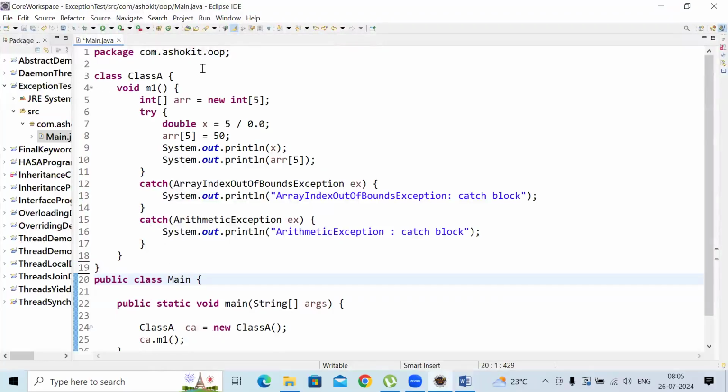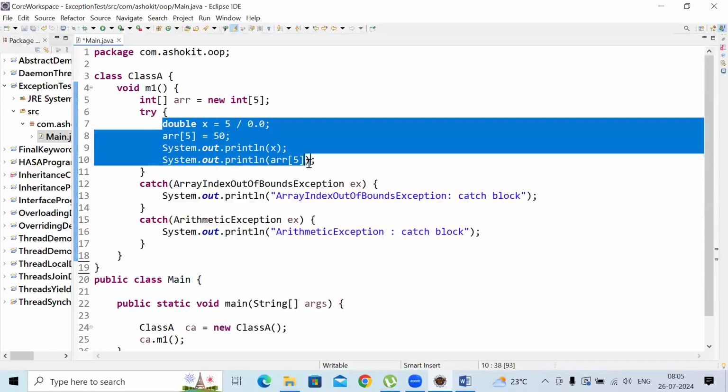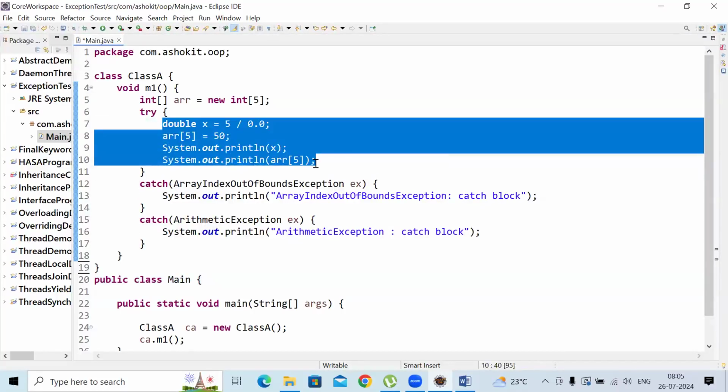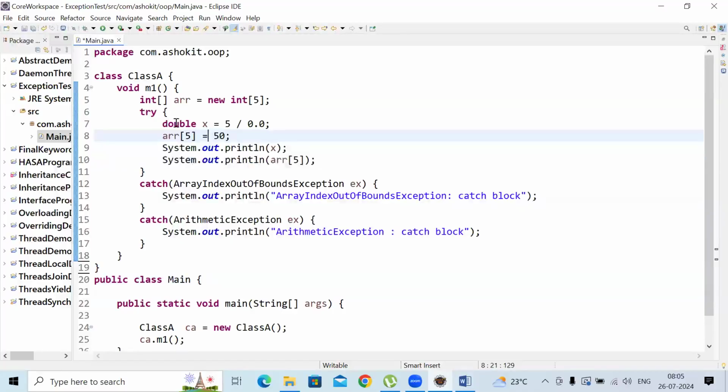Sir, what is the use of writing multiple statements in the try block if only one statement is going to get executed? See, you don't know whether an exception is really going to occur or not. There is only a suspicion, that's it. This is my total logic. For explanation, I am giving this type of statements to explain that this is the first catch block, this is the second catch block, and only one will execute.